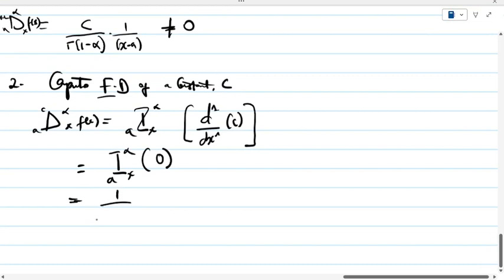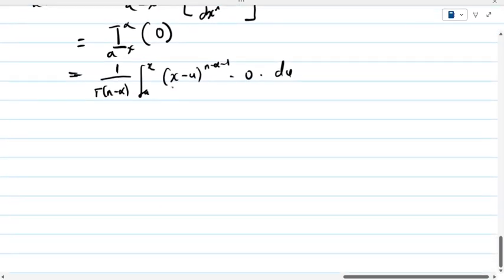Okay, so let's write the full definition of our integral. We have 1 over gamma n minus alpha, integral a to x of x minus u to the power n minus alpha minus 1 times 0 du. So it is 0 times everything here, we have 0. So we have 1 over gamma n minus alpha times the integral of 0 du, and 0 times du is 0, 0 times everything is 0.